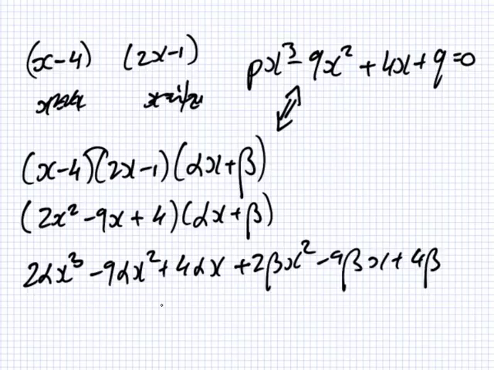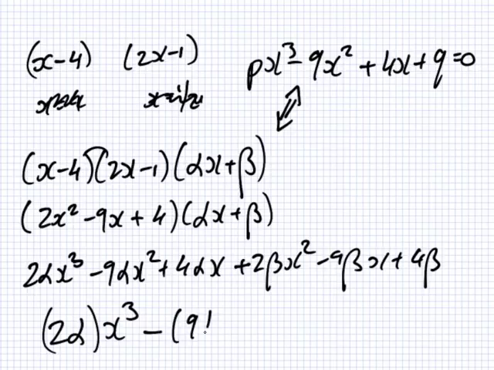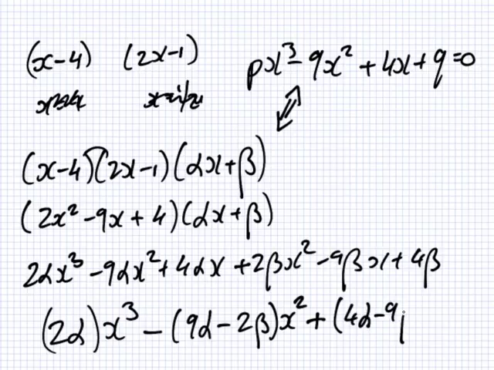How many cubes have I got? 2 alpha x cubed minus 9 alpha minus 2 beta x squared. And then where's my x's? Here, isn't it? 4 alpha minus 9 beta x plus 4 beta.